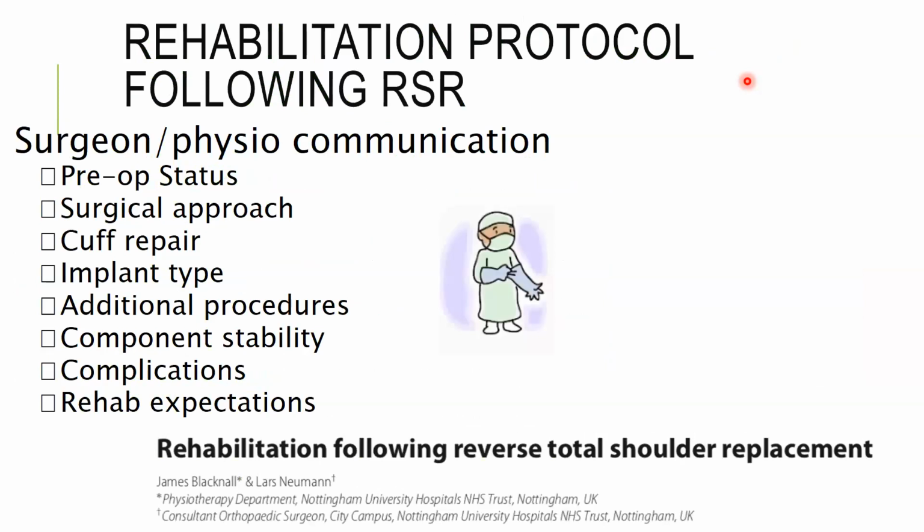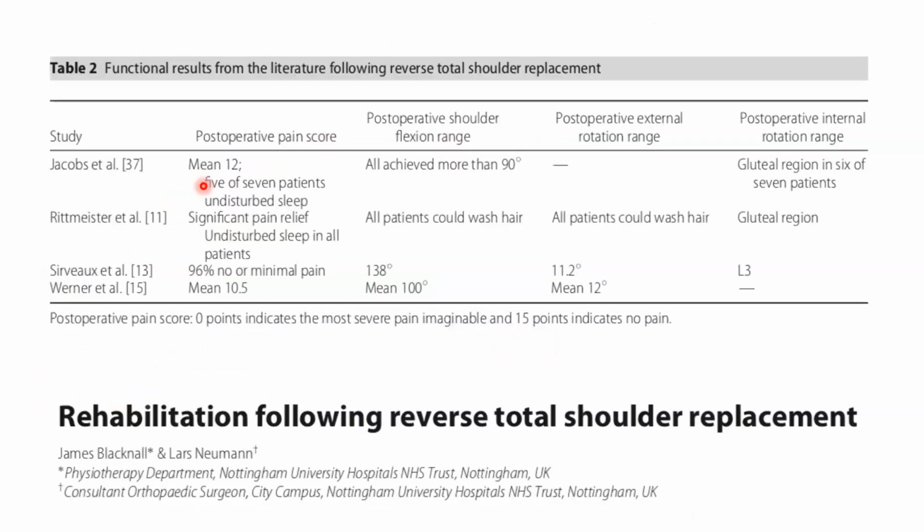And the post-op plan for the reverse shoulder has to be first discussed with the surgeon, and the physios have to communicate to know what the immobilization period and status will be, so we can have a timeline to see when to start, particularly the passive and the active range of motion, so that the patient is also educated that until then this is what the rehab is to be expected.